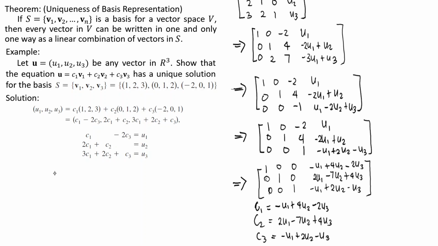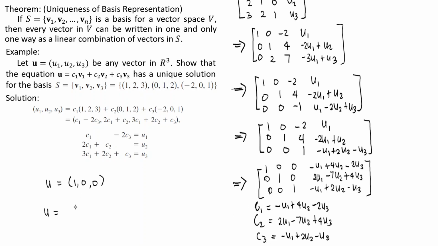Now, for instance, say we select u as 1, 0, 0. Then we substitute these values for u sub 1, u sub 2, u sub 3 to get the solutions c sub 1, c sub 2, and c sub 3.